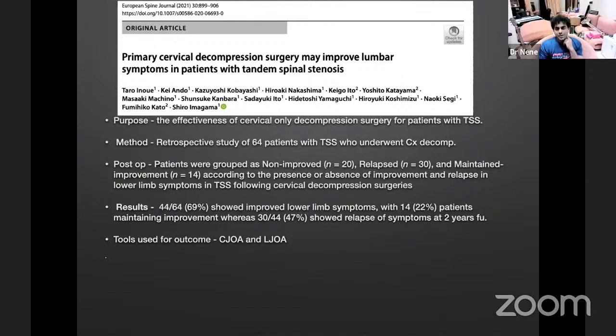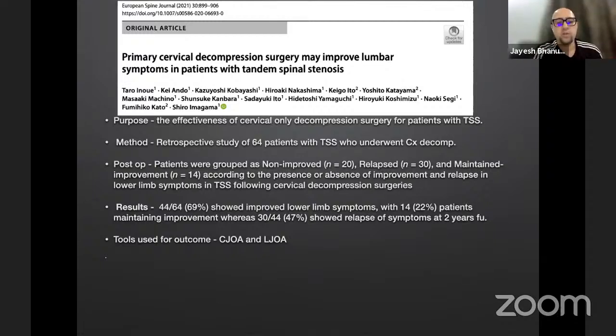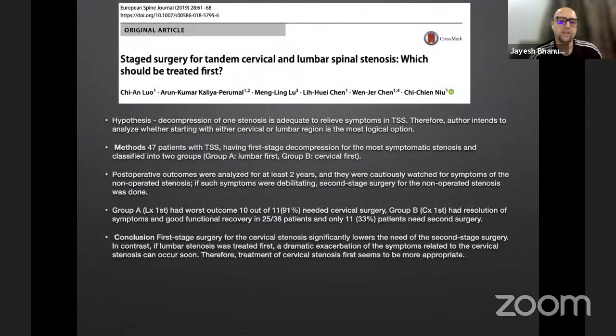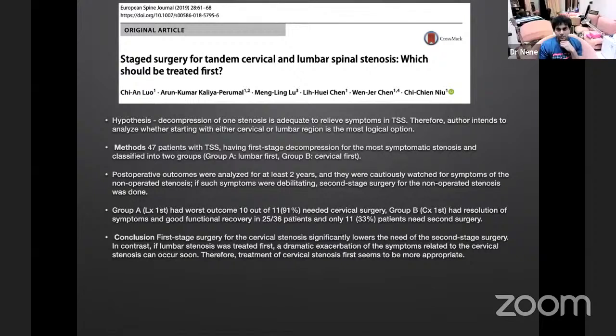Right, and that's what literature says also. Sir, so the last study which I had shown, in this study they said that in spite of having lower motor involvement, the patients improved. So many of your studies suggested that you do the neck and you don't have to do the lumbar.